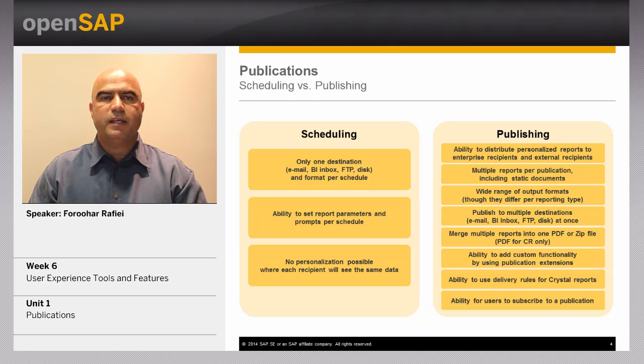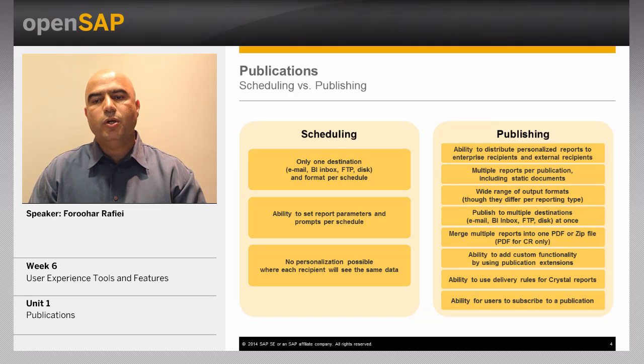You will have the ability to add custom functionality by using the publication extensions. You are also able to distribute personalized reports to enterprise recipients and or external recipients. So you can make it personalized for each group to see only what they want to see.